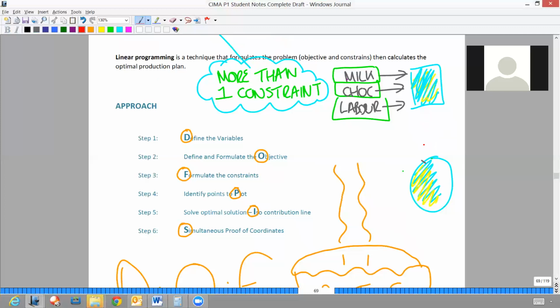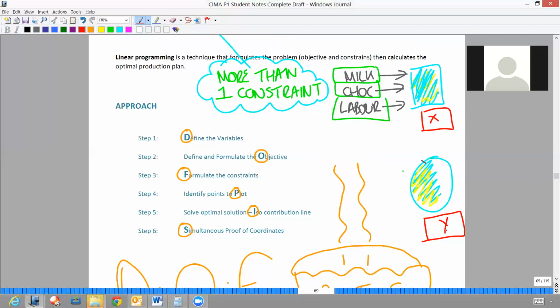And obviously, when we're undertaking linear programming, we need to know how many we need to make of our chocolate bars and how many we need to make of our eggs. Well, instead of calling them bars and eggs, we will call them X and Y. In your exam, you will only have 2 products. You won't have more than 2 products.